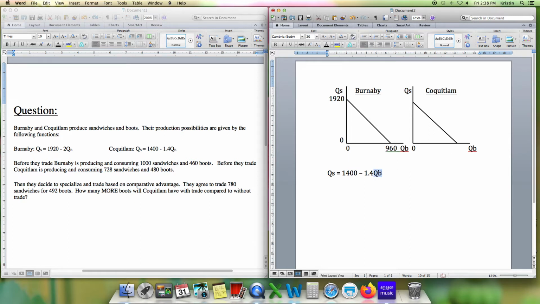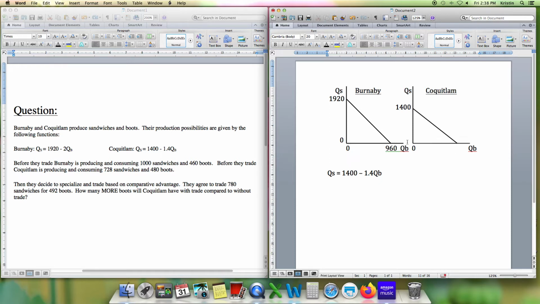If this is 0, then the quantity of sandwiches will just be 1,400. Let me just move this down a little bit. There we go. And now, this number here.